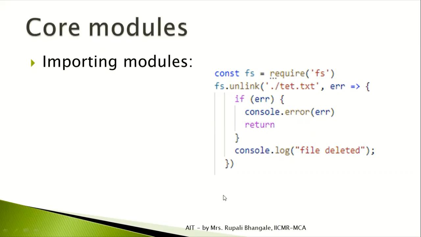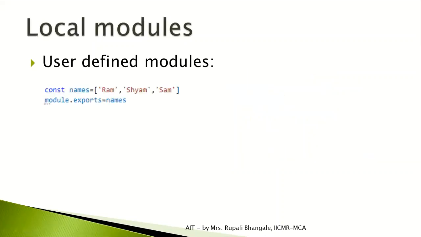Then let's talk about the local modules. The local modules are user-defined files which are stored with the extension .js. Just observe, let's assume I have a user.js where I have defined a names object with the values Ram, Sham, and Sam. And I'm simply exporting those names with module.exports.